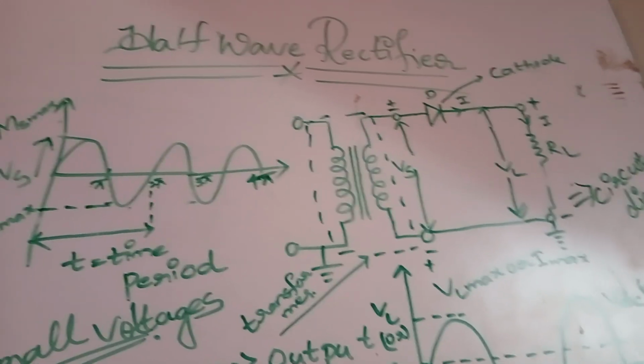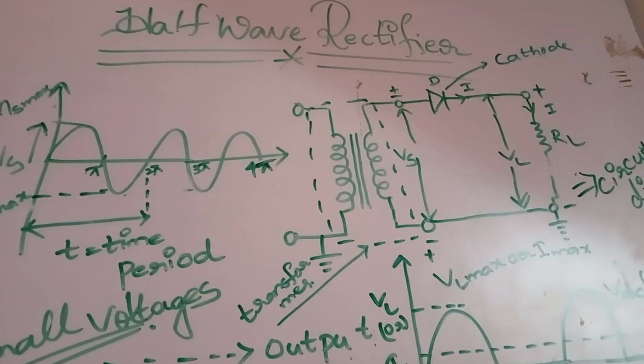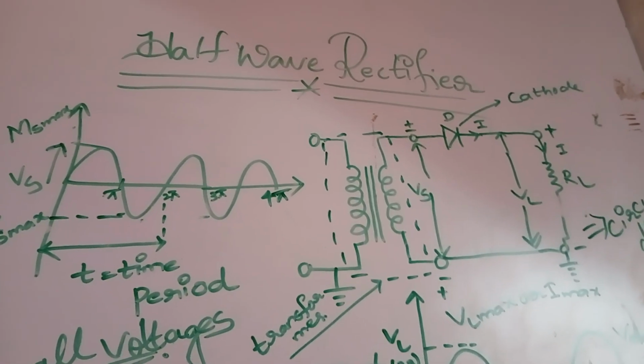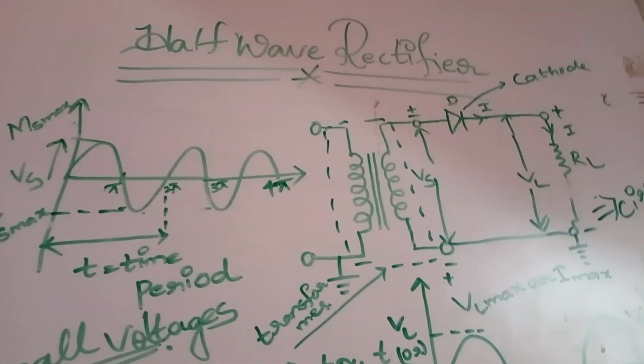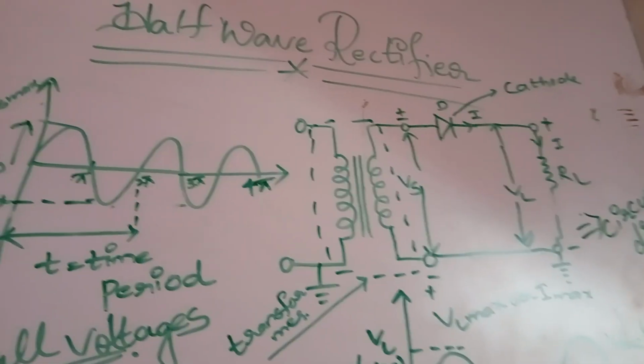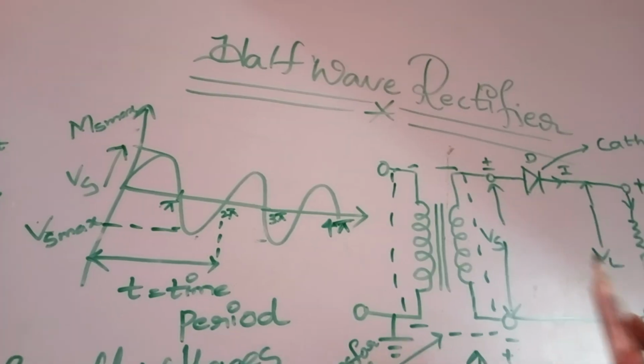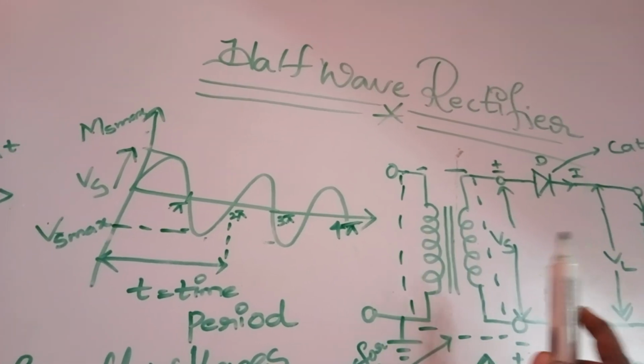Here we need to know the transformer. There are only two types of windings: the first one is the primary winding, the second one is the secondary winding.